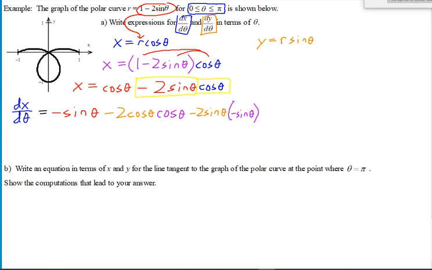You could leave it like this, but it'll be easier to work with if we simplify it when we get to part B. So dx d theta is negative sine theta, and then you can combine the cosine, so this would be minus 2 cosine theta squared. And combine the signs, the negatives also cancel out, so it would be plus 2 sine theta squared. So now we have dx d theta.